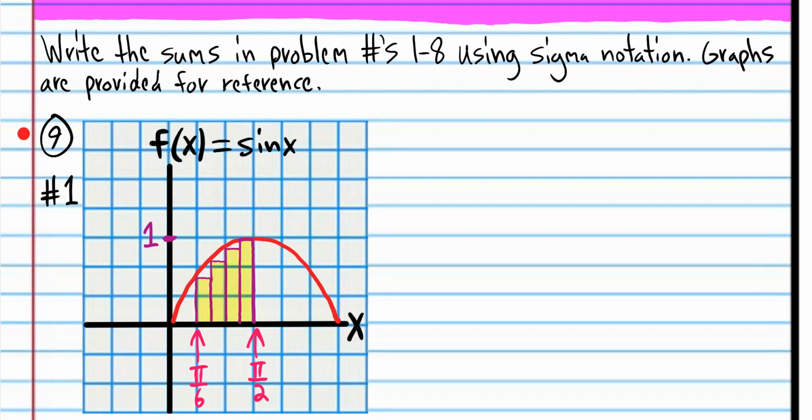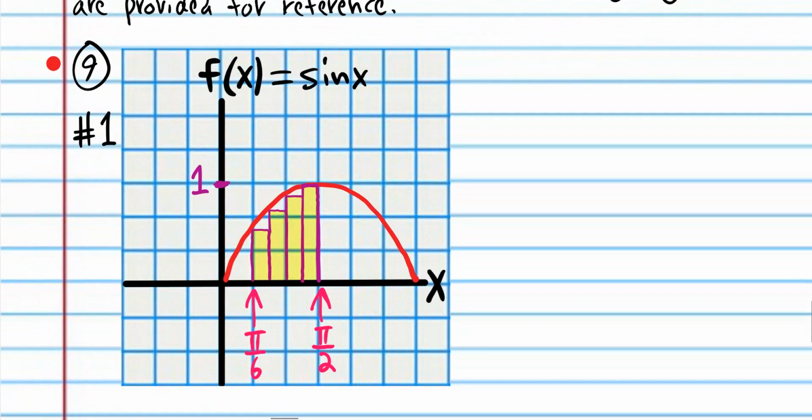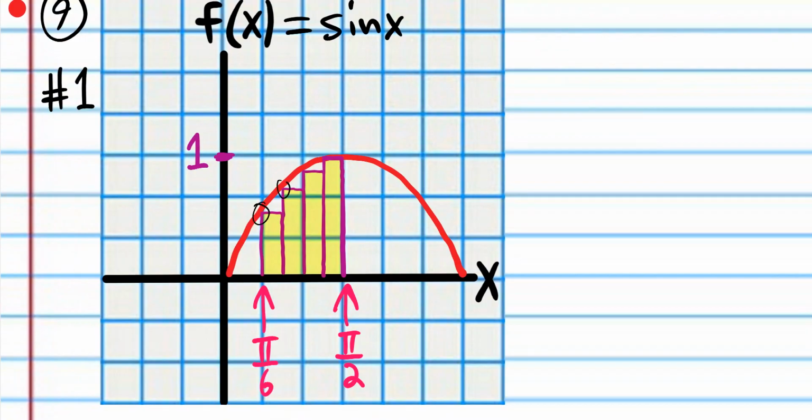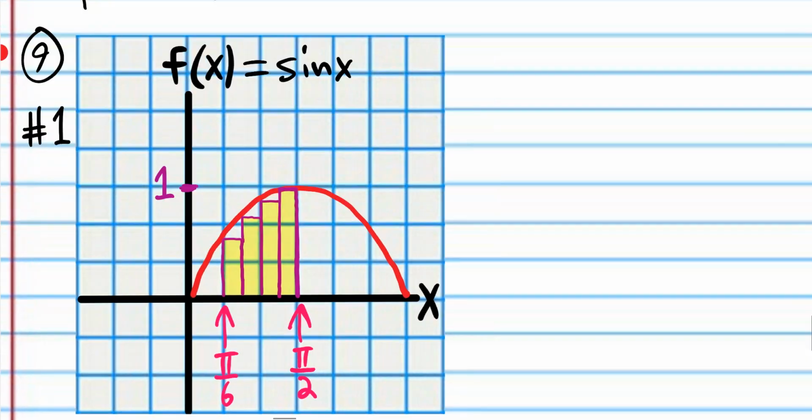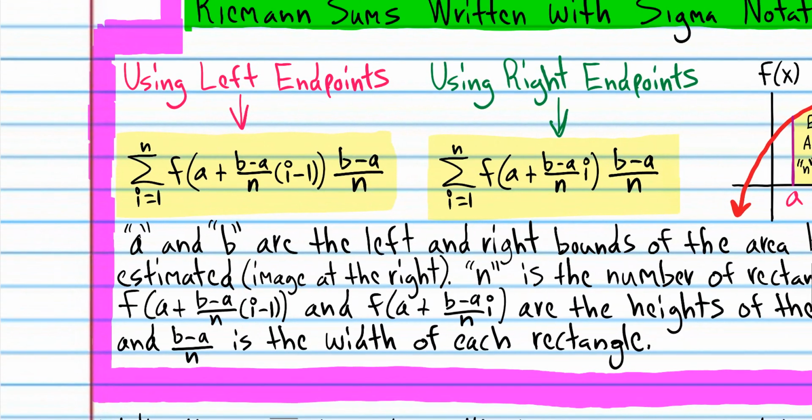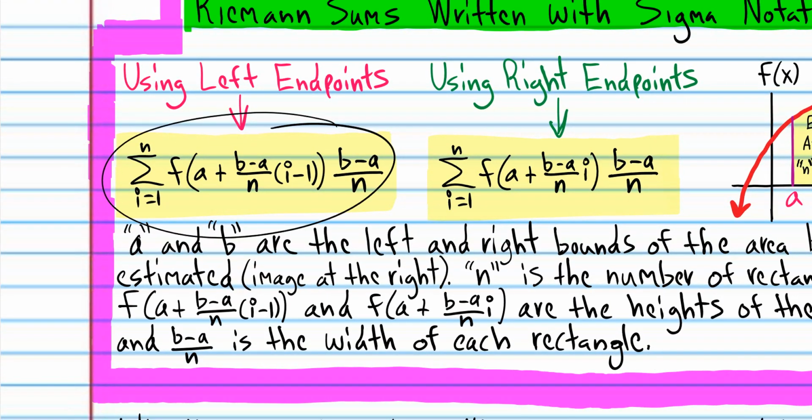We already found the sum, but we just want to write it using sigma notation. Now notice that the upper left corners of the rectangles are touching the graph. That means we're going to use the formula that employs left endpoints, this formula here.